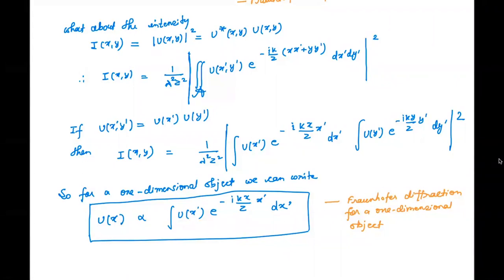If I have a one-dimensional object with this amplitude, the diffraction intensity pattern at a distance z away from the source is given by this amplitude. I think everybody knows how to do the exponential type integral once we are given the limits, which we will do in a while. So this is the diffraction integral, the Fraunhofer diffraction for a one-dimensional object.